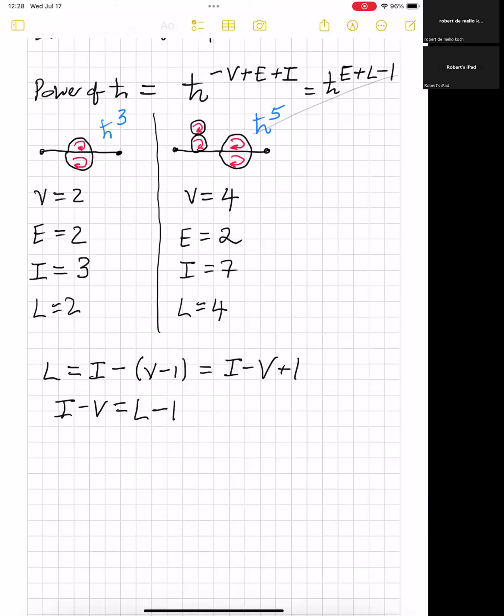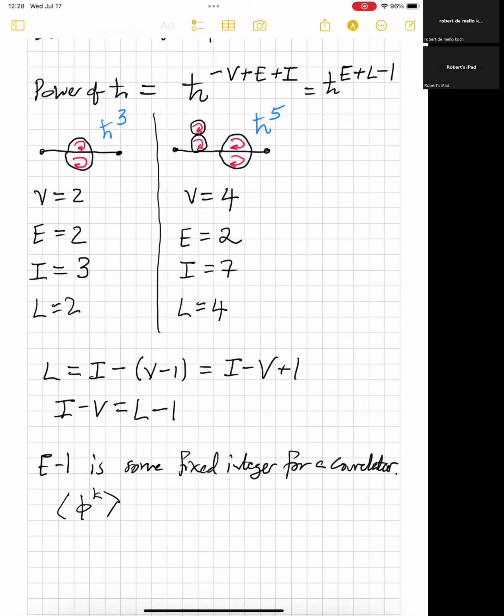Why is it interesting? It's because E minus 1 is some fixed integer for a correlator. So if you pick a correlator, you're calculating maybe phi to the power of k. Well, in that case, E would simply be equal to k. So all of the Feynman diagrams that you draw would have exactly the same value for E minus 1.